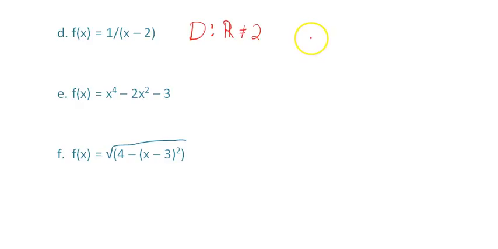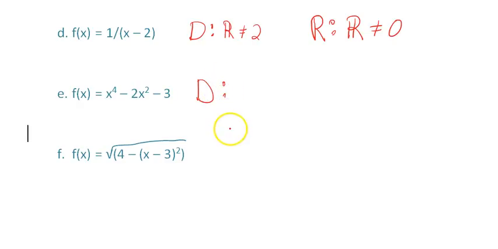And if you look at the graph on your calculator, it does go down forever and up forever, but it jumps over 0, and so your range is going to include everything but 0. So range is all real numbers not equal to 0. E is an x to the 4th powered polynomial, and polynomials are continuous and keep going.